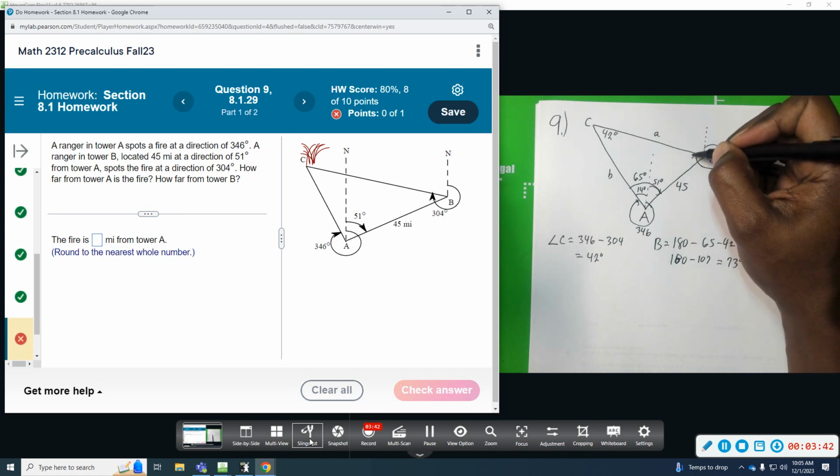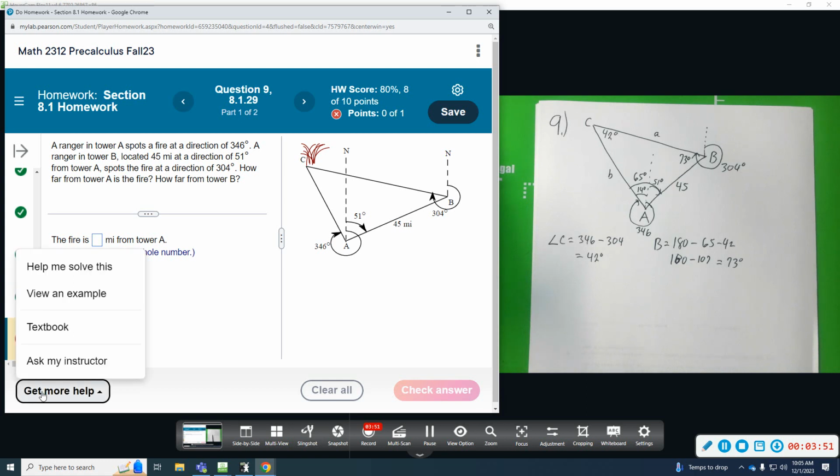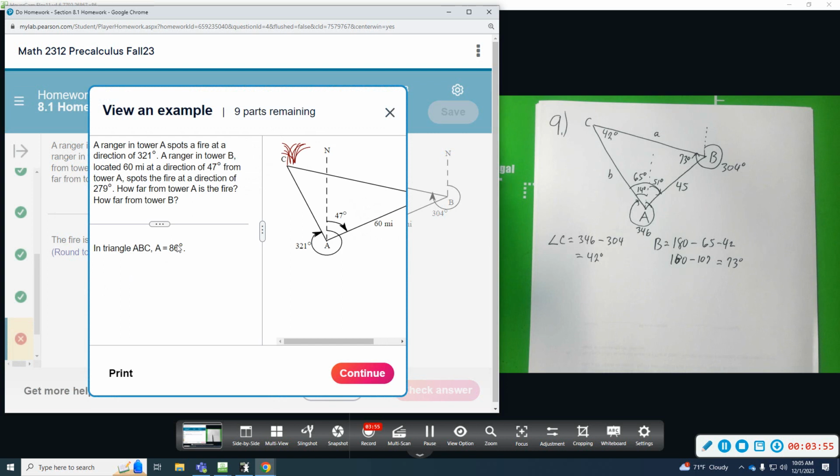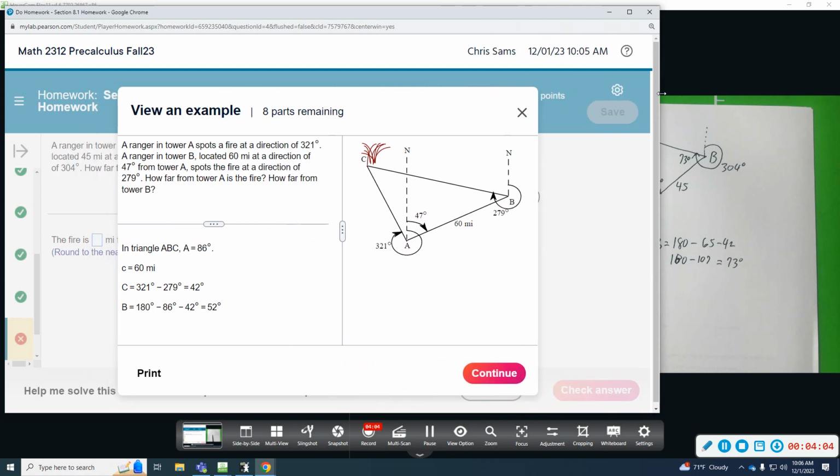So angle B is 73 degrees. Okay, so we've got all the angles now. And that's the same way that the text does it. If you look at the view an example, do help me solve this, they'll show you some of the properties that they use. They use the 321 and the 279 to get the angle C, and then they use the same property to find angle B.